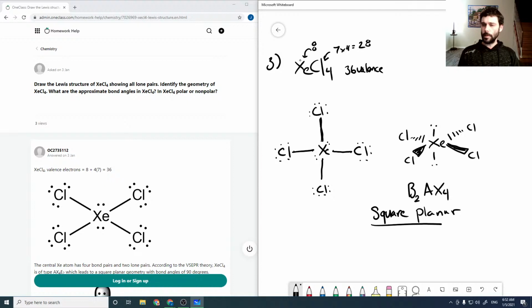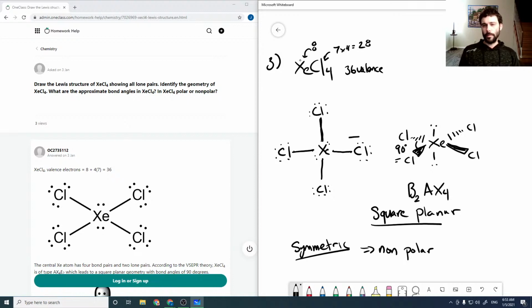So that's our geometry. Each of these bond angles in here would be 90 degrees, as it's 360 around the circle. So our bond angles are 90 degrees, and this is a symmetric molecule, and that means it's non-polar, right?